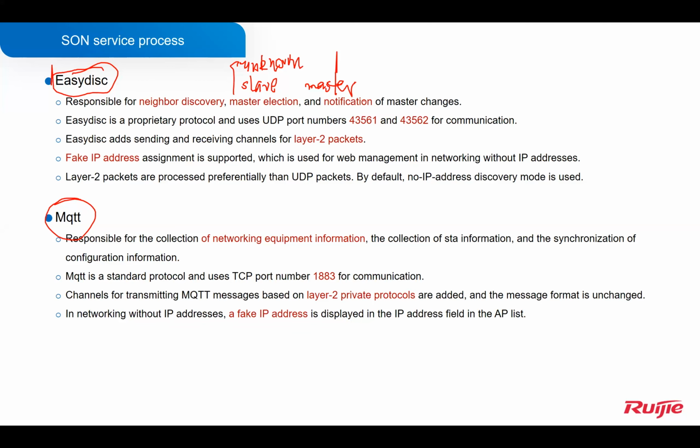So the first parameter is the type. For the different types of our devices, such as the EG, the SW, the AP, they will compare and then choose which is master. For the priority of the different devices, the rule is EG is bigger than AP, and AP is bigger than SW.